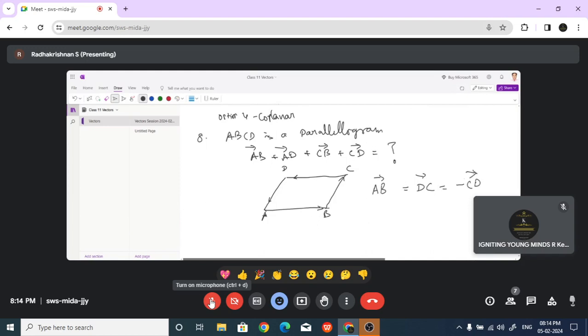Right? Because AB and CD are of equal magnitude and opposite directions. So AB and CD will get cancelled out. Same for AD and BC are equal, but AD and CB are equal and opposite.